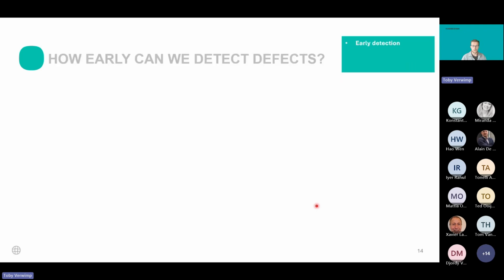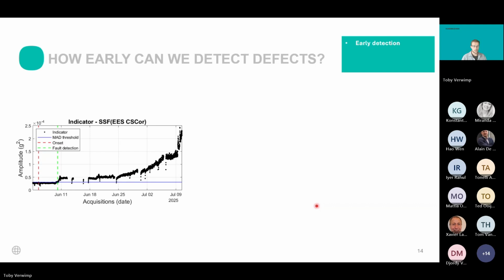So if we start with the first one, early detection, this we evaluated by also using information from this vision system. Because by analyzing the images, we know at this point we change from a healthy tooth to a damaged tooth. So we know, here shown in red, when we change from healthy condition to damaged condition.